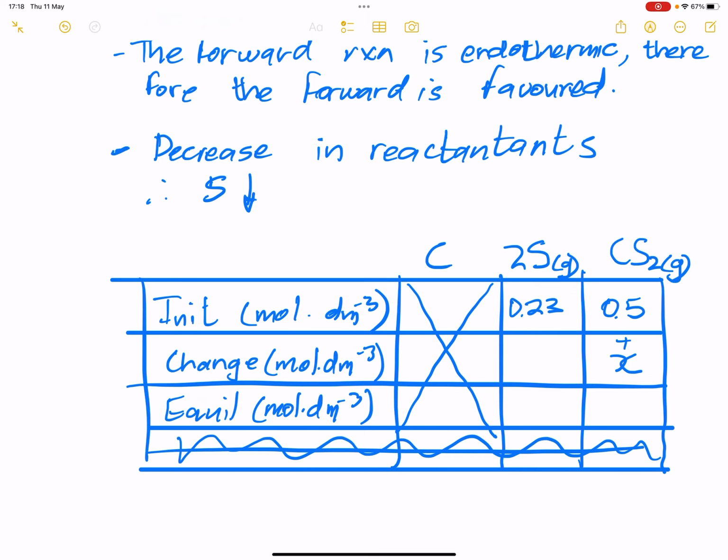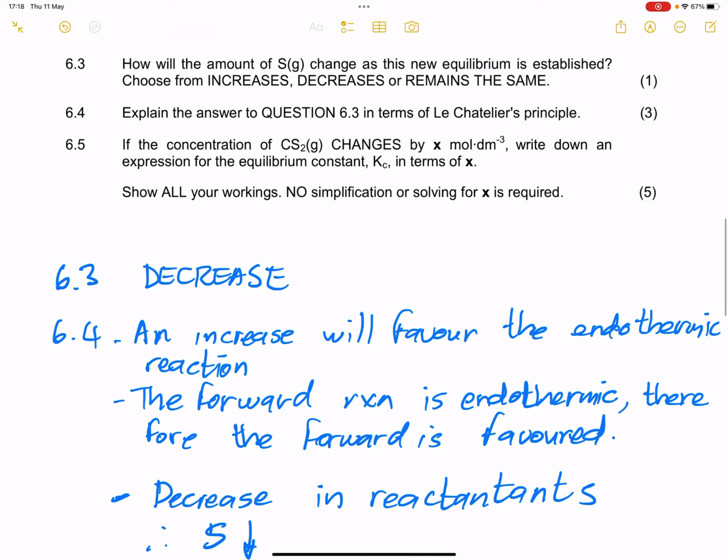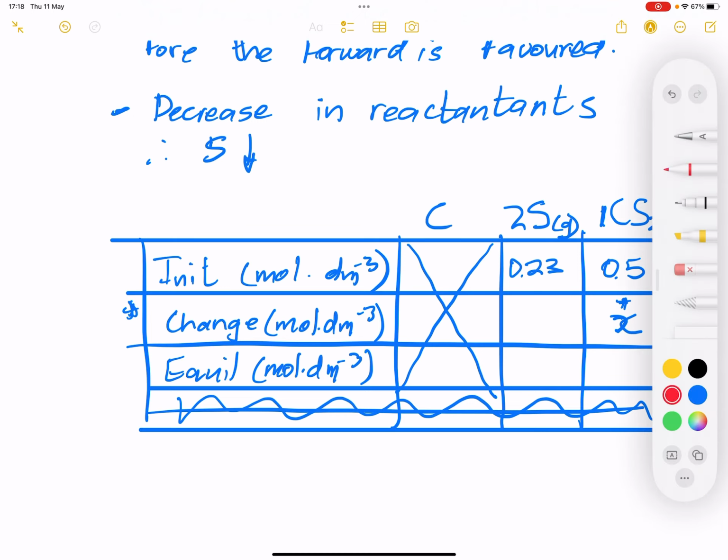Remember, when we increase the temperature, we favored the forward reaction. So it means that the amount of carbon disulfide will actually increase. Now remember, this is where we use our ratio.